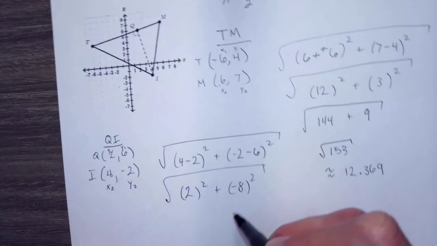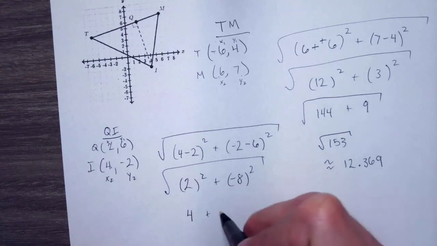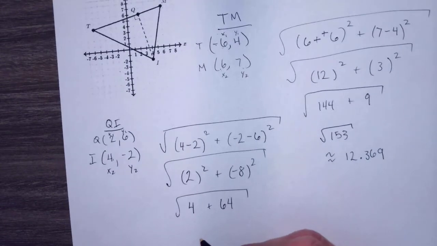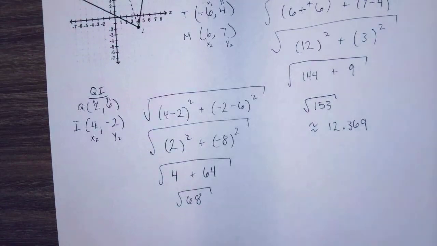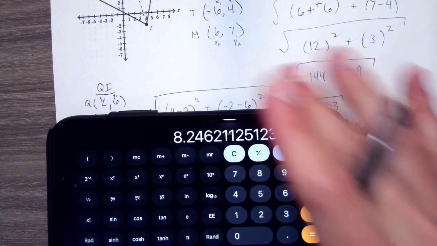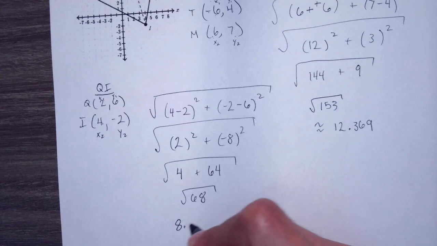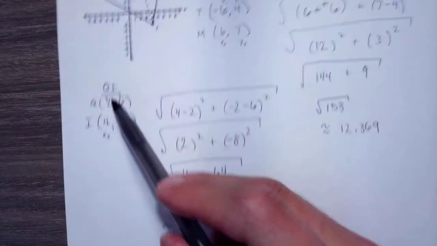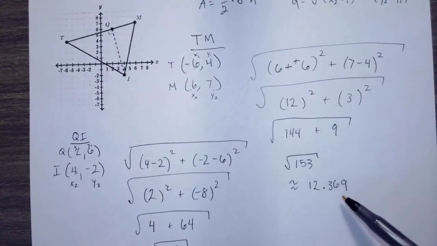Still have to square it and square root, so 2 times itself is 4. -8 times -8 is positive 64. 64 plus 4 is 68. Square root that, and again, just use my calculator. The square root of 68 is 8.246. So QI is 8.246.